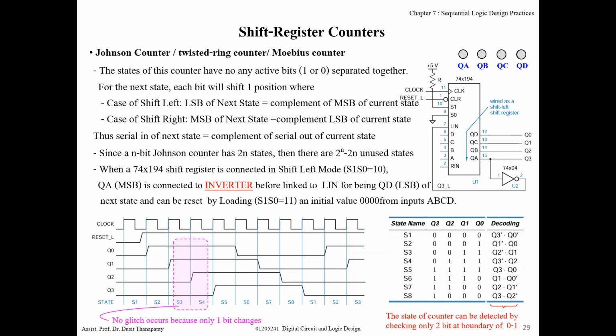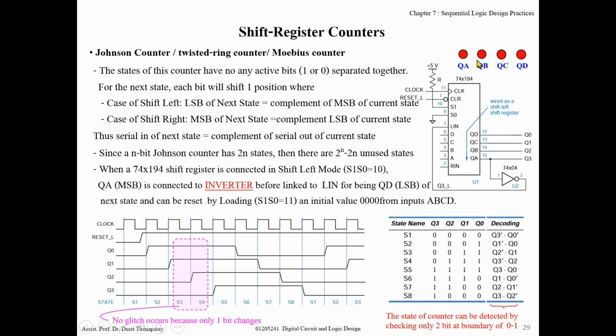Next, an example of a shift register counter is the Johnson counter, or twisted ring counter, or Moebius counter. Same circuit but many names. Let's start from 0, 0, 0, 0, all off. When the clock ticks, each LED turns on, one bit for each clock tick.